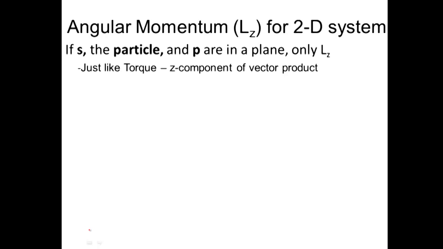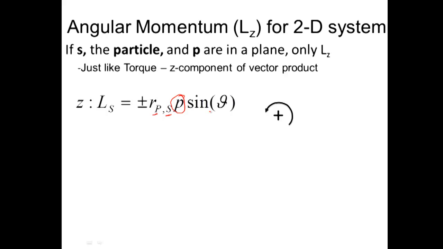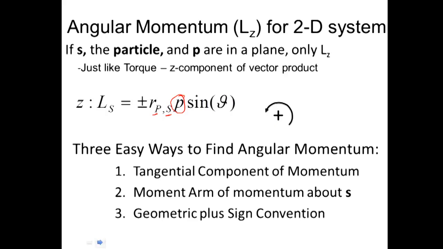And just like the torque, the z component of the vector product is found from the relationship that L_S equals plus or minus the magnitude of that vector r of the displacement from the point you want to find the angular momentum about, S, to the point P where the particle is, times the momentum of the particle times the sine of the angle with the sign convention, and that's the angle between r and p.